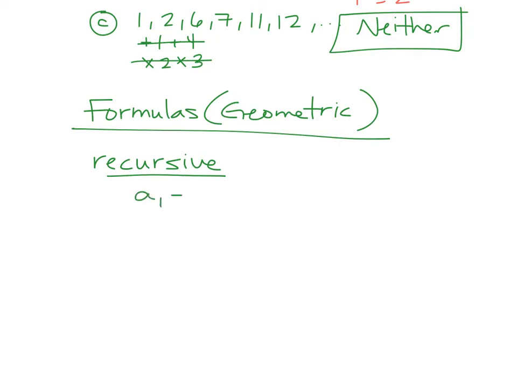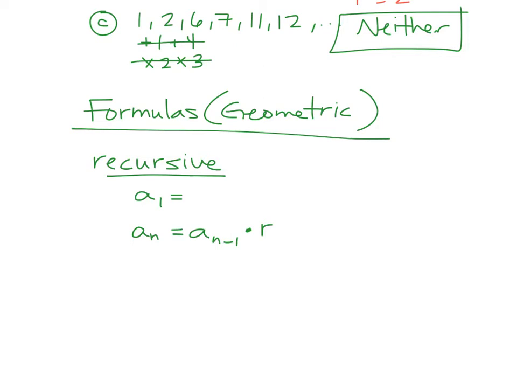Okay, so you'll have A of 1 equals something, and then you'll have a sub n equals a sub n minus 1. Remember, they always start that way. A sub n minus 1. And now for geometric, we're multiplying by the common ratio. So we're going to go times r. Okay, so that's the recursive formula.